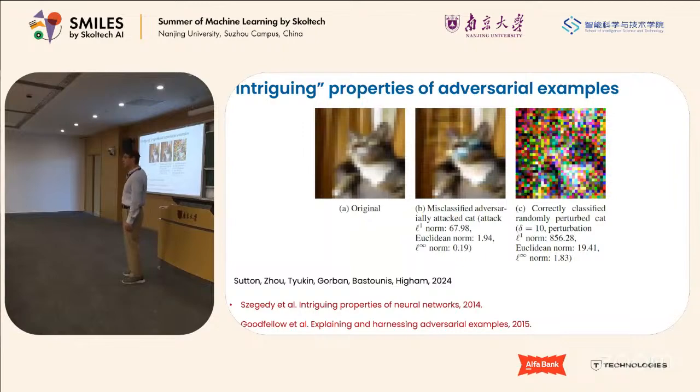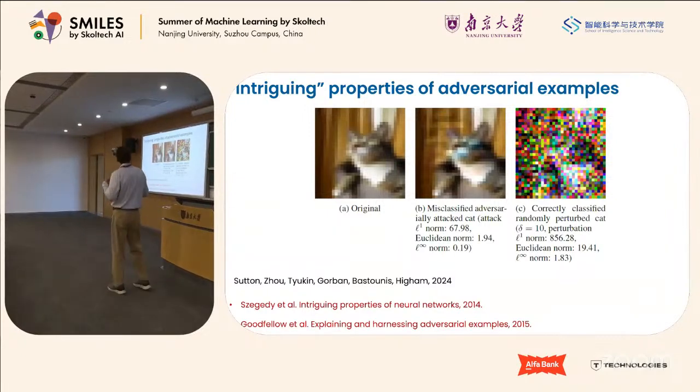This is not a cat. A cat and not a cat, right? So what's wrong? When I perturb my data at random, as a human, I cannot see much. But the machine sees a cat here. When I don't perturb that image much, the machine doesn't see a cat, but I see a cat.